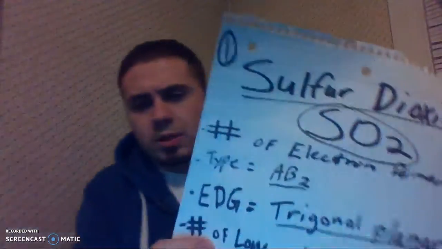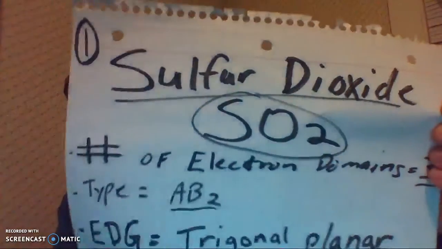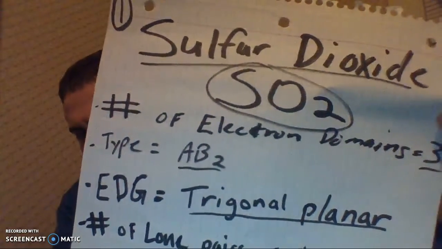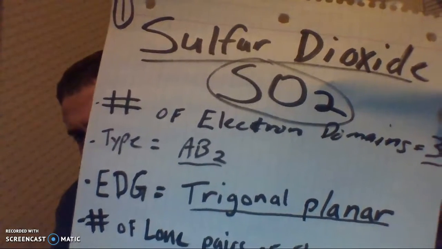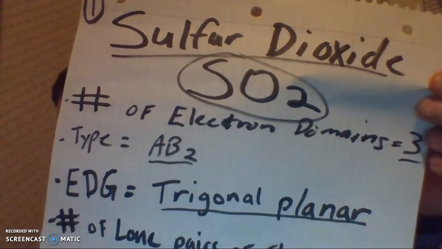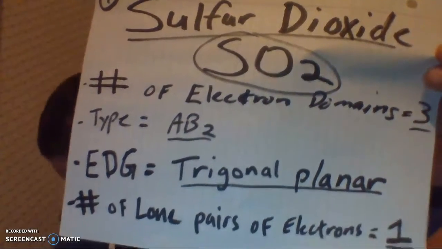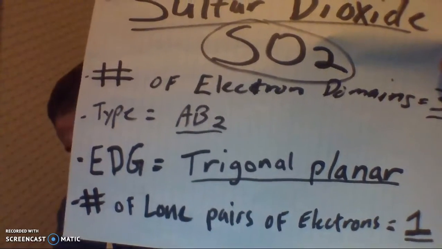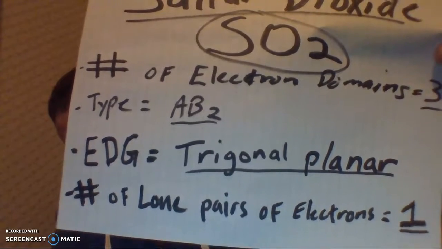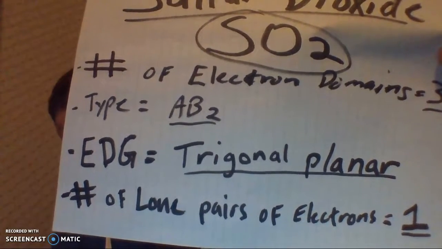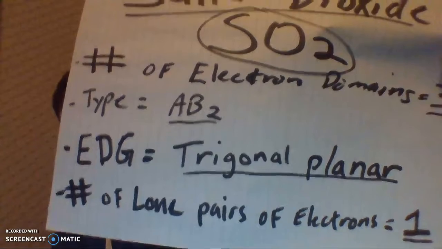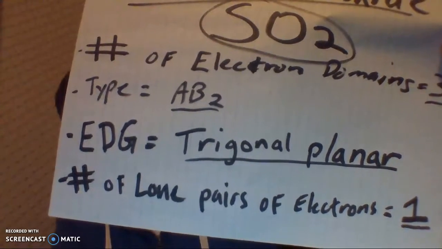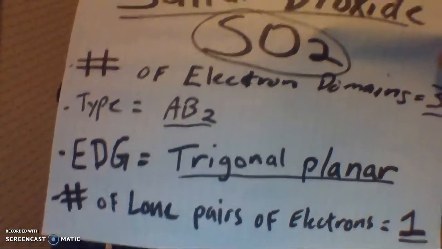For the first one, I'll just go ahead and hold this up, we are doing sulfur dioxide. It's SO2, and the number of electron domains is 3, and the type is AB2, and the electron domain geometry is trigonal planar and has one lone pair of electrons.